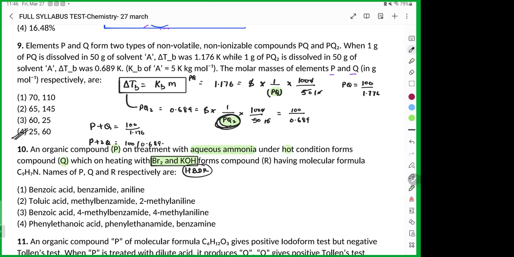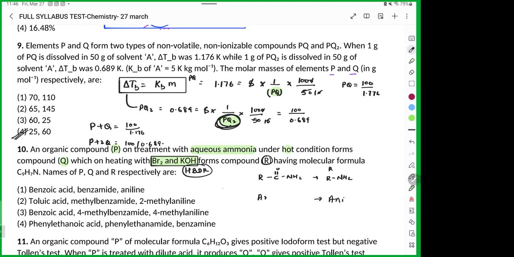So Q will be some kind of amide, correct? After Hoffmann bromamide degradation, R will be an amine. For example, if you take benzamide, it will produce aniline.